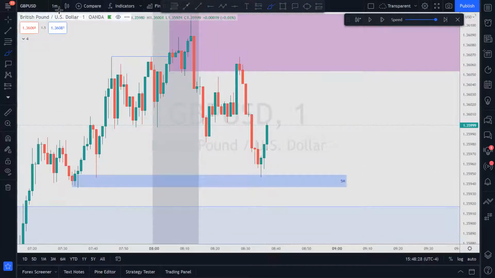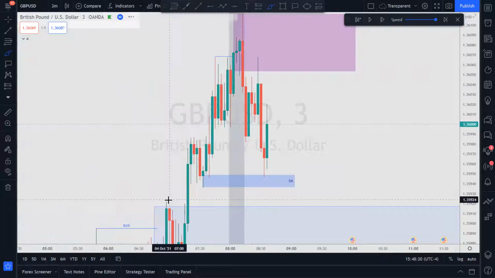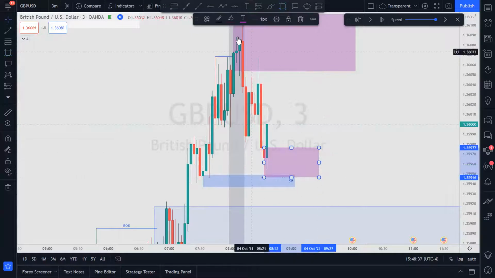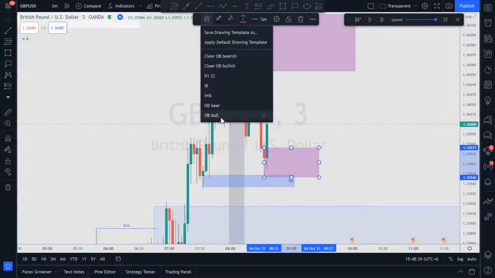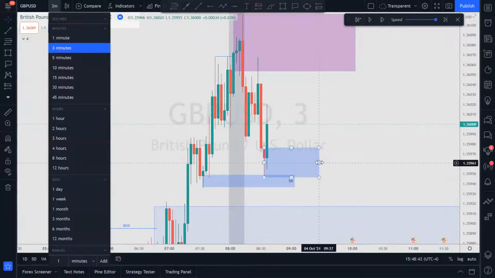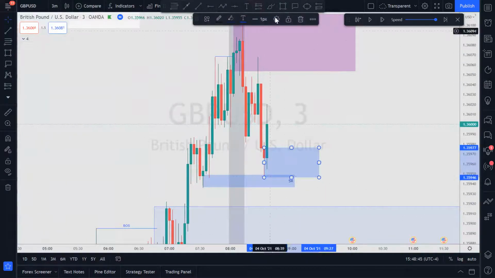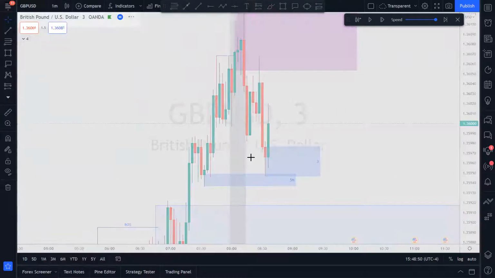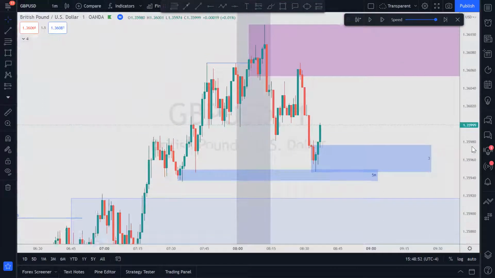Now we got 3. Let me see if I can see it. There's an order block right there. You see the way I said that? Oh yeah, there's an order block. So I'm looking for this order block here. This is on the 3-minute. That's a 3-minute order block. I'll put it in there. So I'm going back to the 1. You see how I'm switching between the time frames?